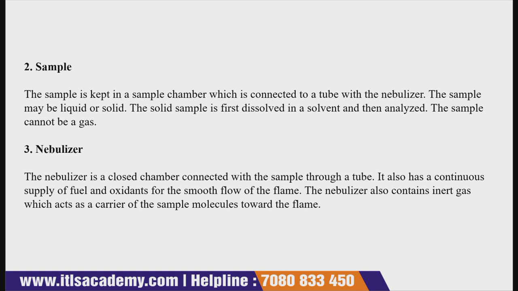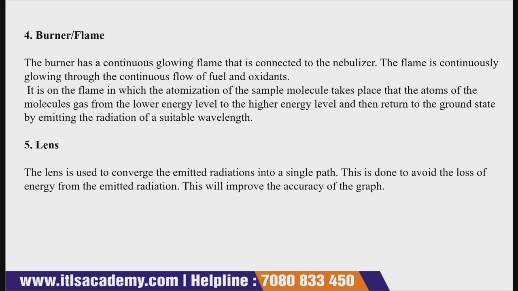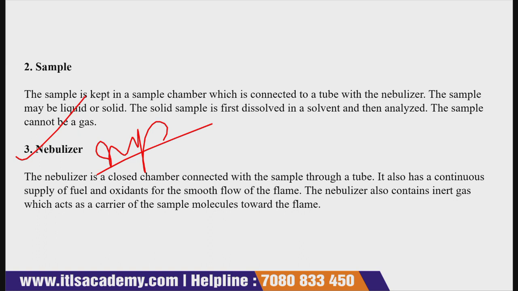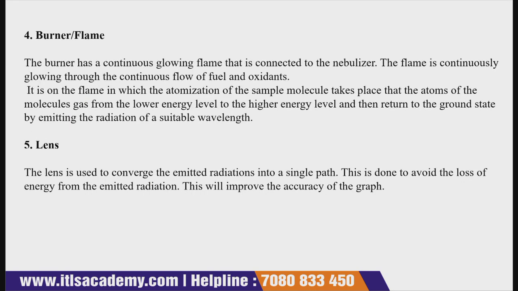Sometimes in examinations or interviews, the nebulizer is a very important topic of discussion, so you must know about it. I'm marking it as important. The nebulizer plays a very important role, students.